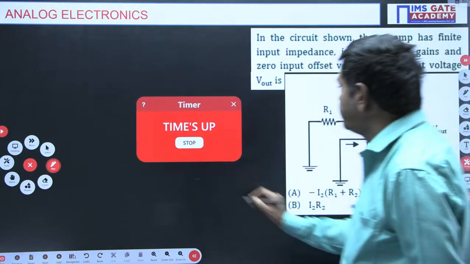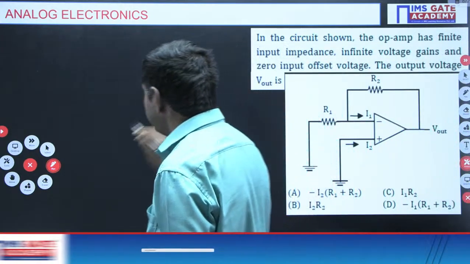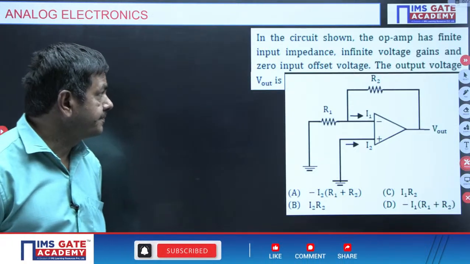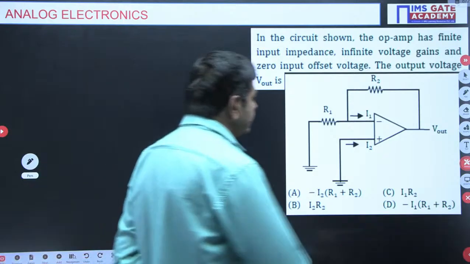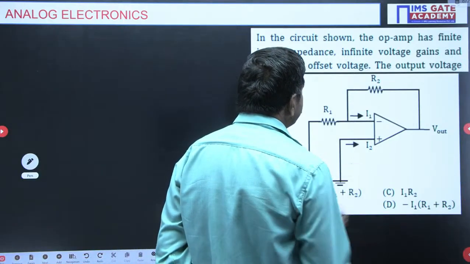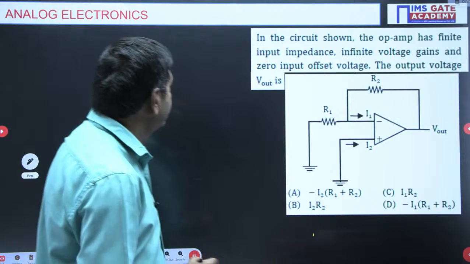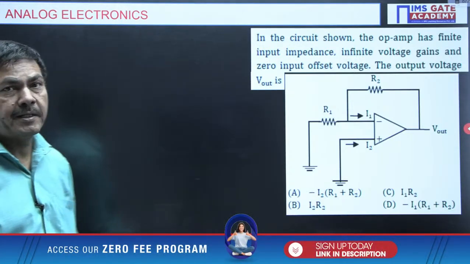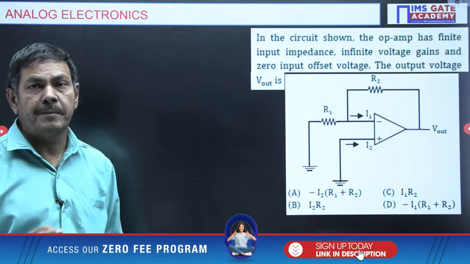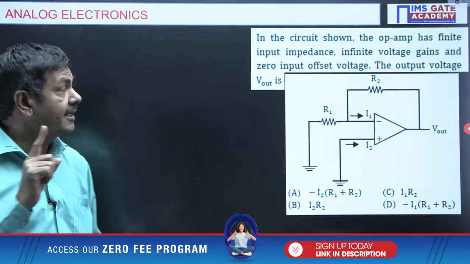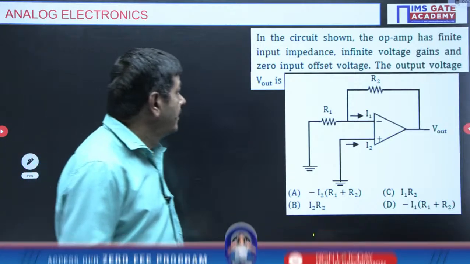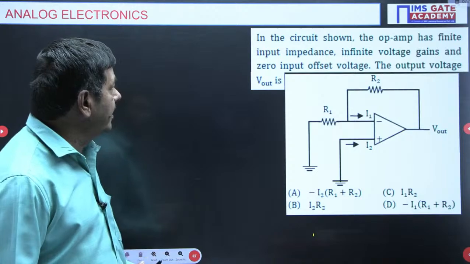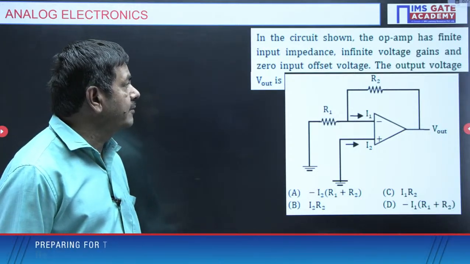This time is up. How do you get the answer for this question? But you check what is given in this question. In the circuit shown, the op-amp has finite input impedance, infinite voltage gain, and zero input offset voltage.